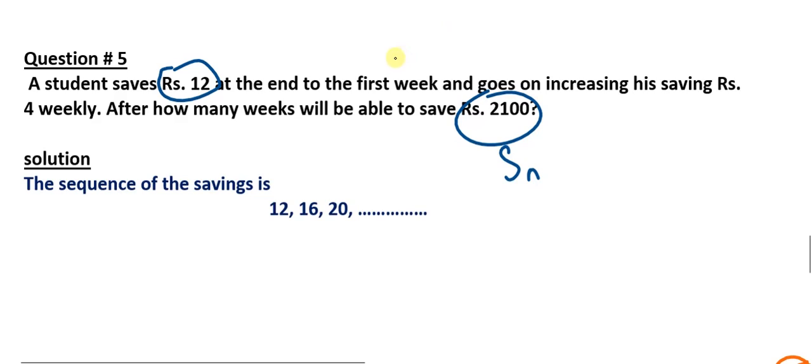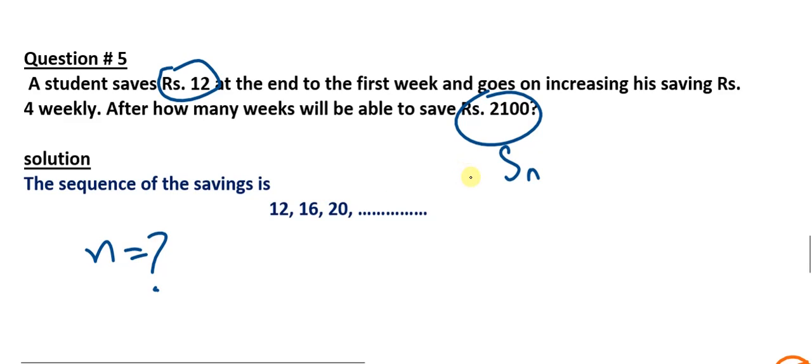And now we have to tell the number of weeks to save 2100 rupees. The sequence of saving is 12, 16, 20. We add 4 to 12 and it becomes 16, and after adding 4 it becomes 20.